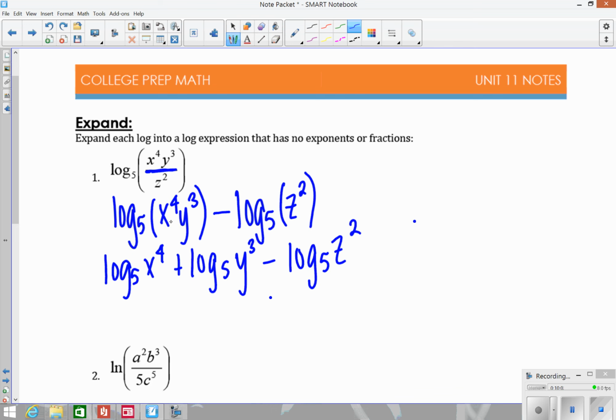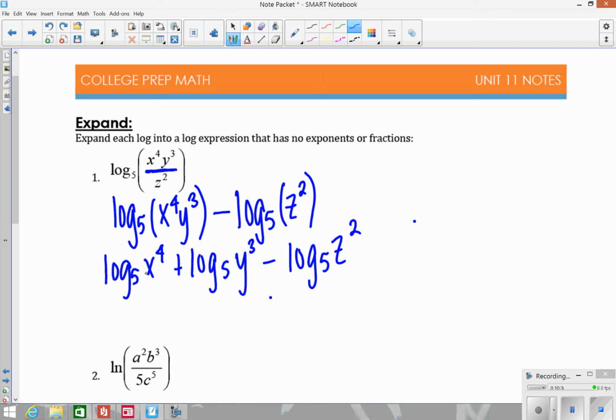So basically, if you imagine doing this, addition and subtraction, if I combine these, I would combine these first because it's on the left to get this, and then I would be left with minus log base 5 z squared. And then the last step going backwards here would be to divide these.